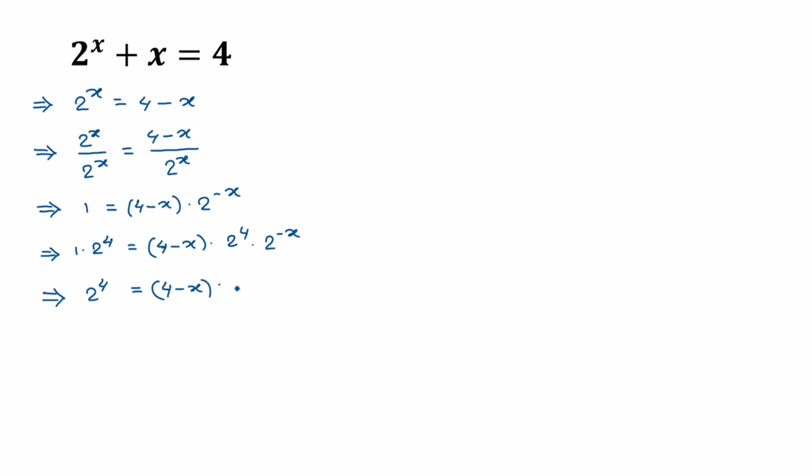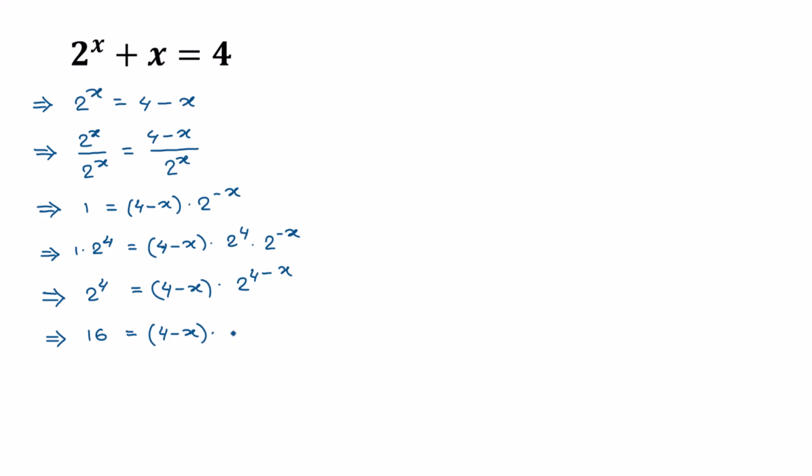We can write this as 2 to the power 4 minus x, or 2 to the power 4 is 16, is equal to 4 minus x times 2 to the power 4 minus x.